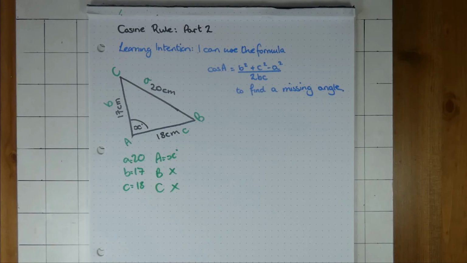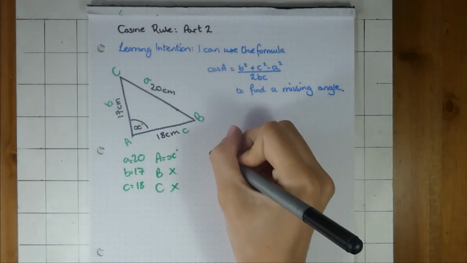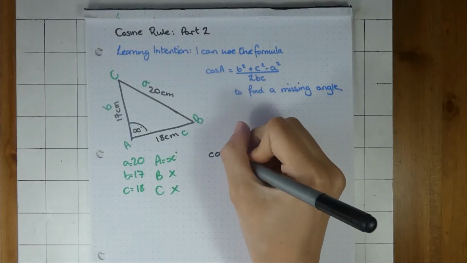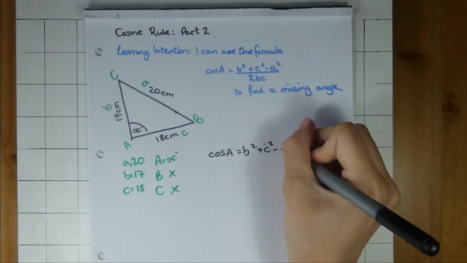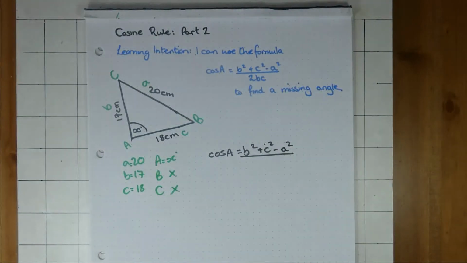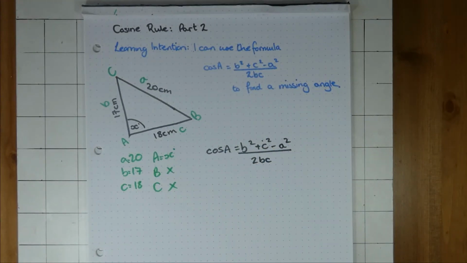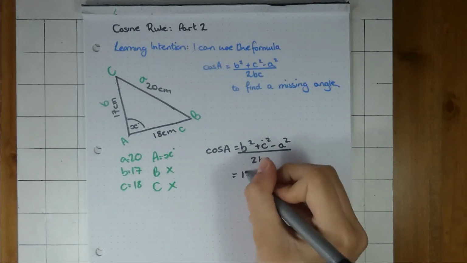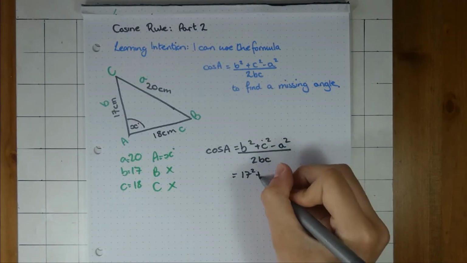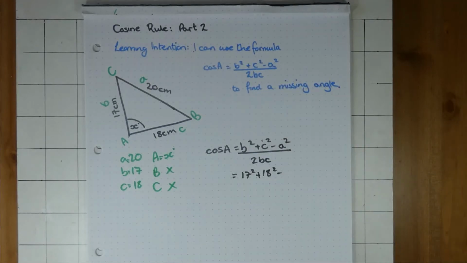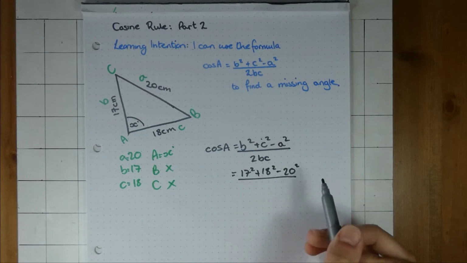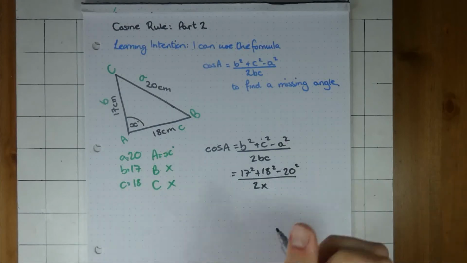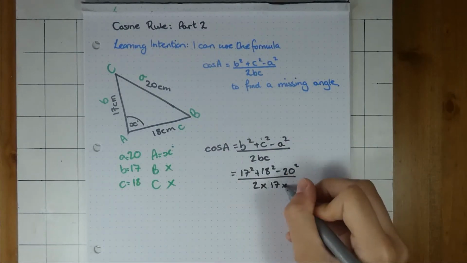And you carefully, the most careful you have ever copied a formula, as I keep saying to you, copy this down from the front of a test, or in the case of the worksheet I'm giving you this week, the front page of the worksheet is a formula list. Just so you don't forget. But there's our formula. B is 17, so we have 17 squared. C is 18, so we're adding 18 squared. A, 20, take away 20 squared. This is going to be divided by 2 times 17 times 18.